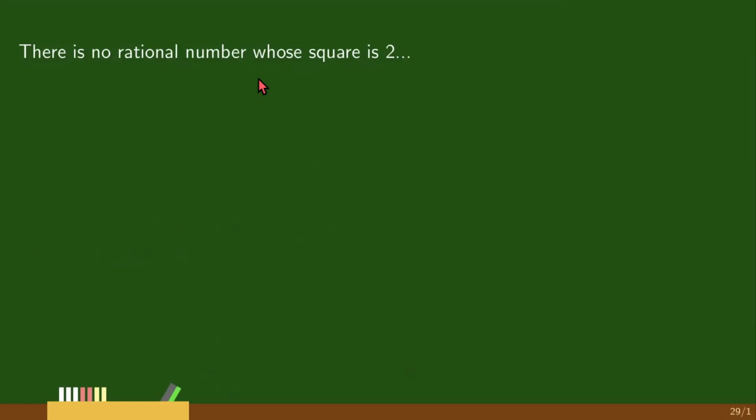Sabihin natin, suppose that R is a rational number and R squared is equal to 2. Paano natin ipaprove na false yan? Kailangan magkaroon ng contradiction. Okay? Paano ba yung proof nito?